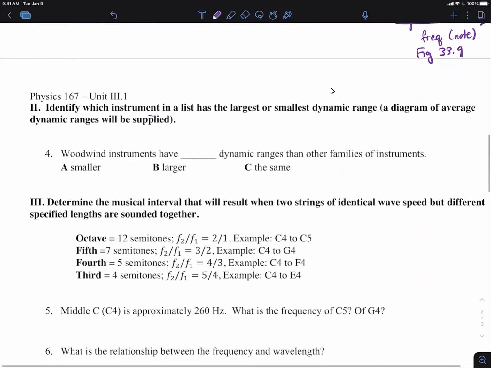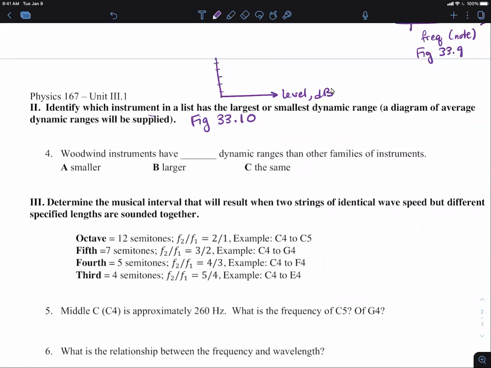Okay, so this Roman numeral 2 refers to figure 33.10, okay, in which it shows you the level in decibels, and then it has different families, different instruments, and then it shows you the min and the max levels that those instruments can play.